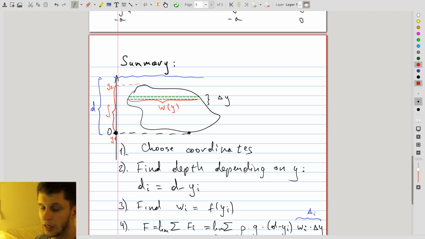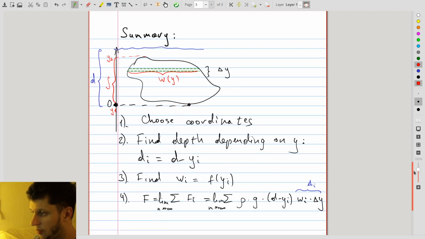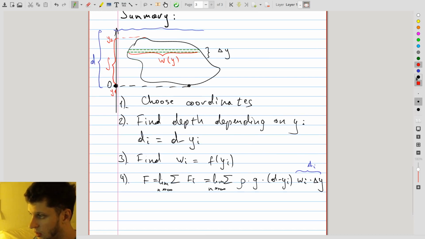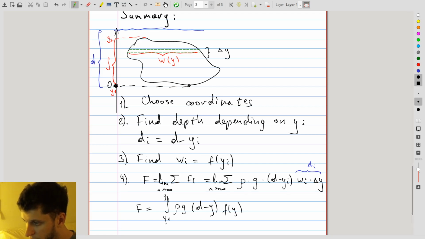So y1 as set up can always be 0 if you always choose the origin at the lowest point of the submerged shape, and the upper limit of integration will then be y2, determined as in the picture. So we'll have the integral from y1 to y2 of rho g (d minus y) w(y) dy, and this is how you set up the integral for hydrostatic force.